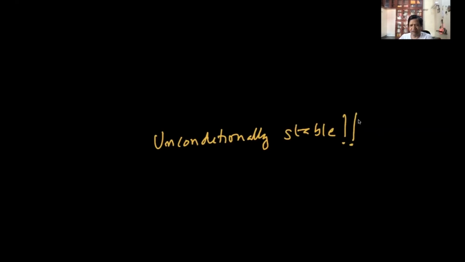So here it is unconditionally stable. For any delta t it is stable, which is a very good thing. Okay, so we want our solution to be stable. But stable doesn't mean that you can use a very large delta t, because your solution will be inaccurate.